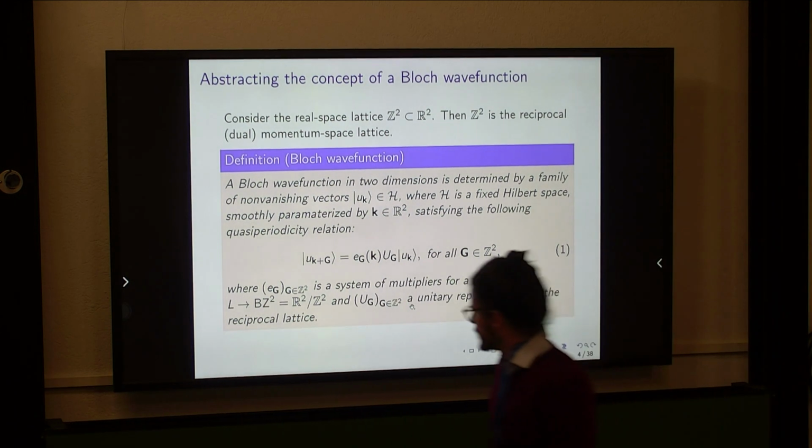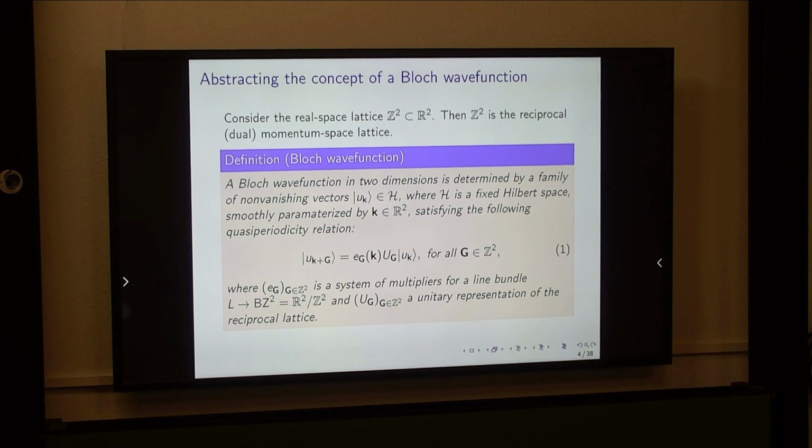So first, let me just say briefly what is a system of multipliers for a line bundle.